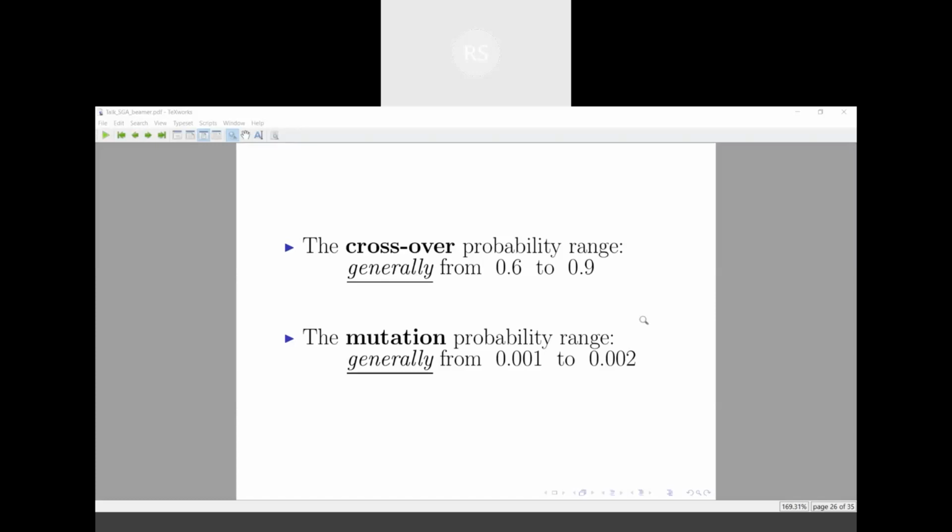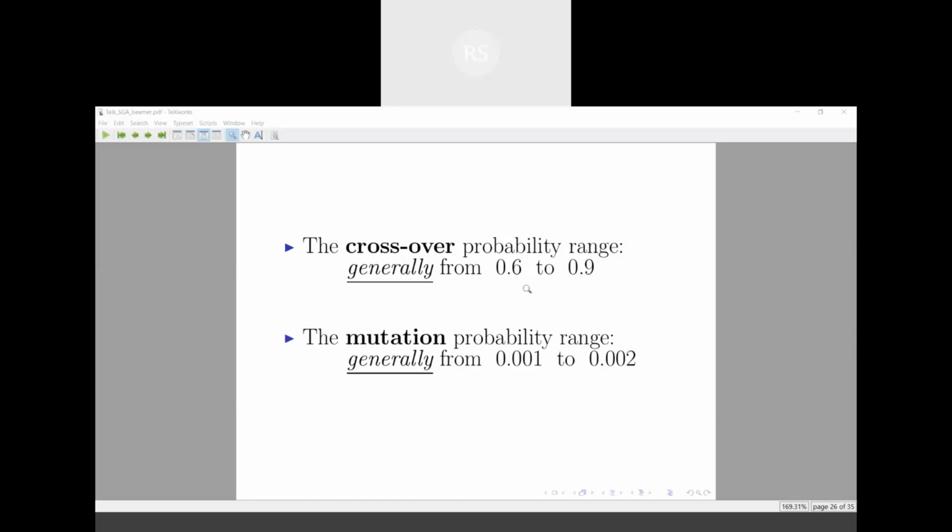So in nature, we observe that the crossover probability is generally from 0.6 to 0.9, on a scale of 1.